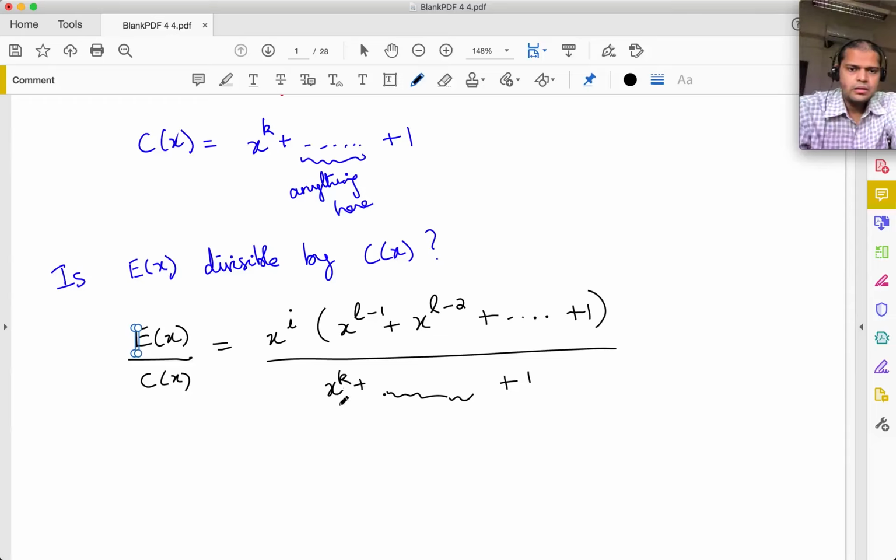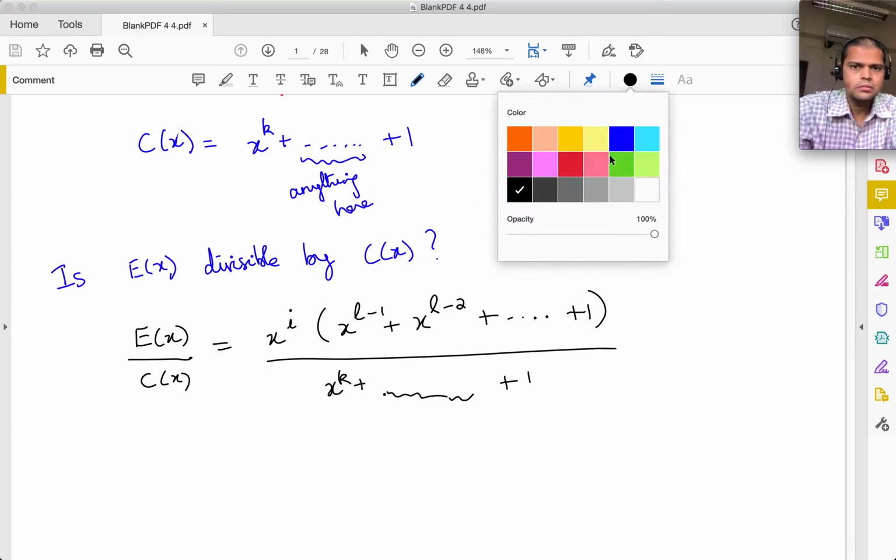Now clearly you can never pull out a factor of x from all of this because you have 1 here at the end. So there is no factor of x over here. So let's just write that out here.